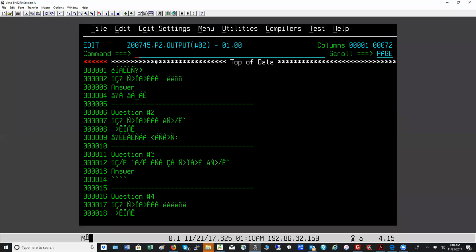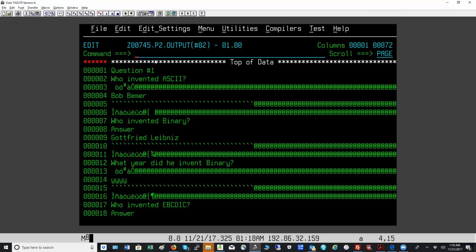enter the command source ASCII. That converts whatever is in EBCDIC to ASCII. These are two character sets, EBCDIC and ASCII. So do that. Now you see some of the things changed.